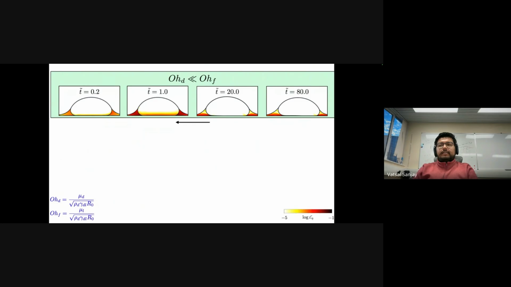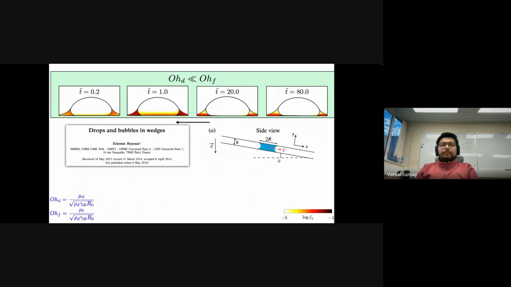This is the same thing shown over here in a better way, and we indeed see that the regions close to the nose and the tail of the droplet inside the film have very high dissipation.